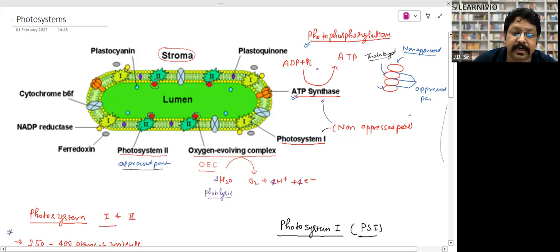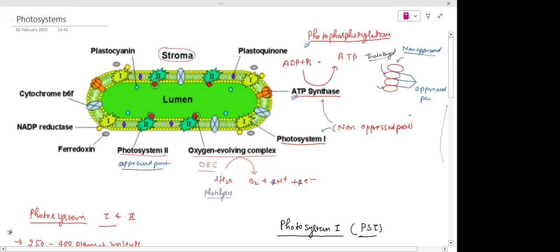ATP synthase is the enzyme responsible for formation of ATP, adenosine triphosphate, from adenosine diphosphate. The process of formation of ATP is also known as photophosphorylation, which takes place in the non-appressed part. Is that clear?